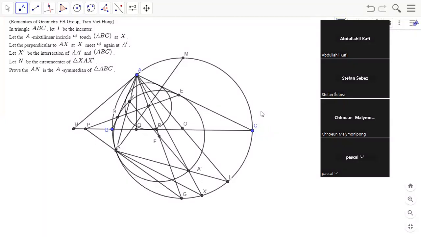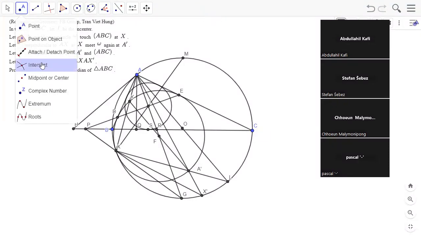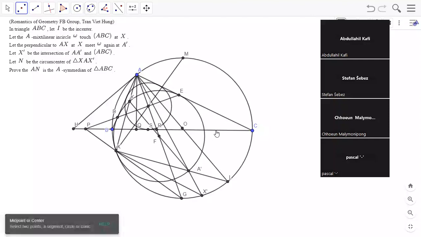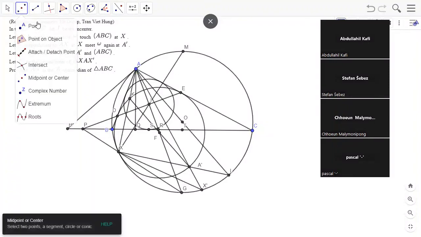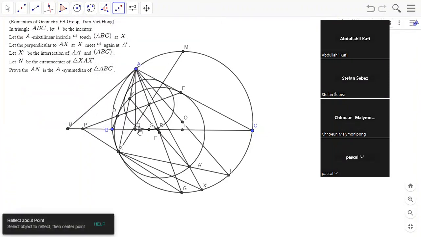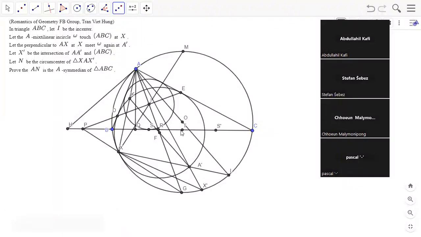X goes to the touch point of the X circle with BC. I'm going to reflect S over T. Sorry, X goes to S prime.